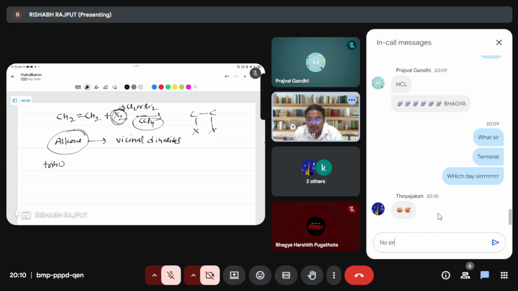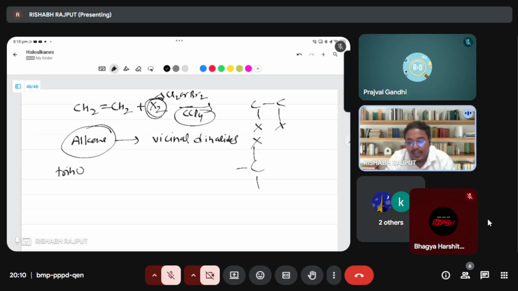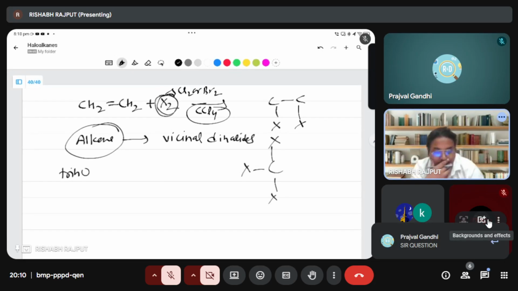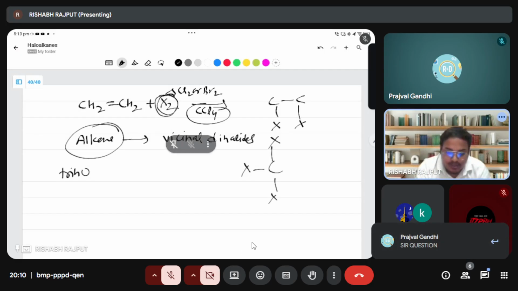Tri halo means if on one carbon you have three X groups. Okay, forget it, don't worry.